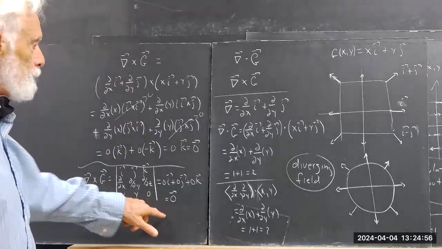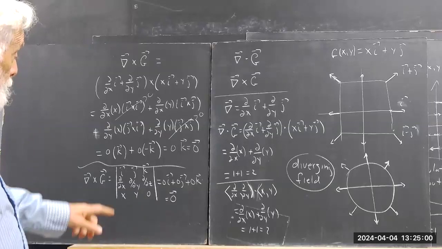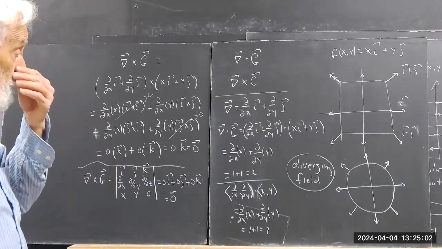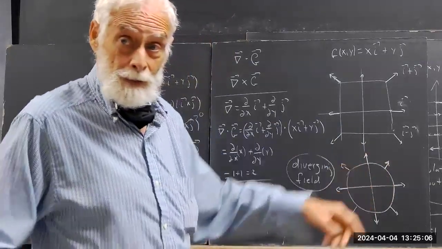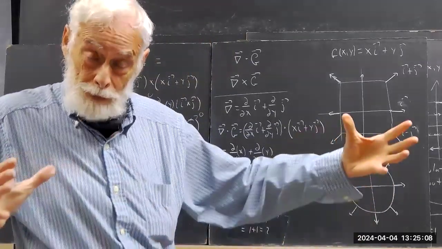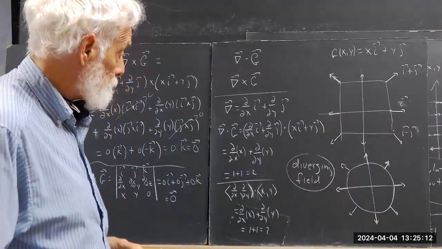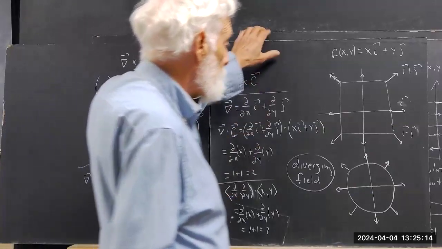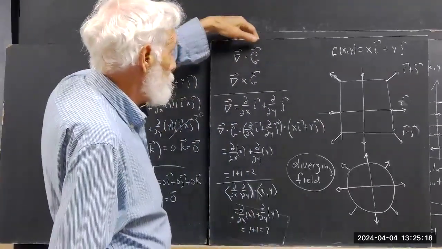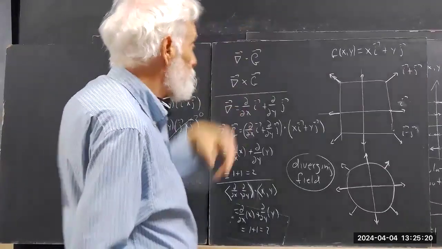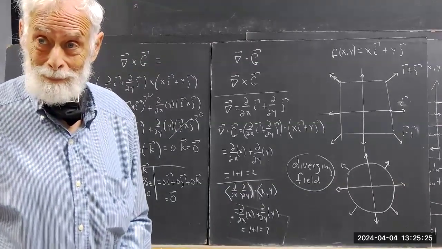Now let's see what that tells you about these vector fields. Del cross G is 0. This is because the del cross operator is a test of circulation. Is there any circulation here? It's not circulating. It's divergent. The del dot G is a test of divergence.